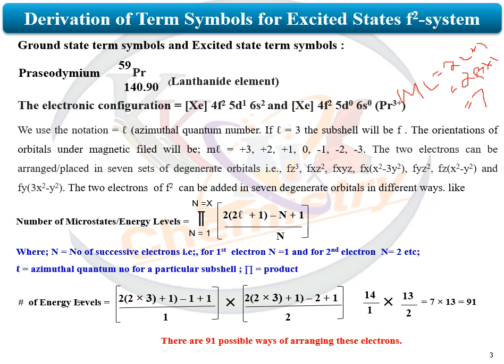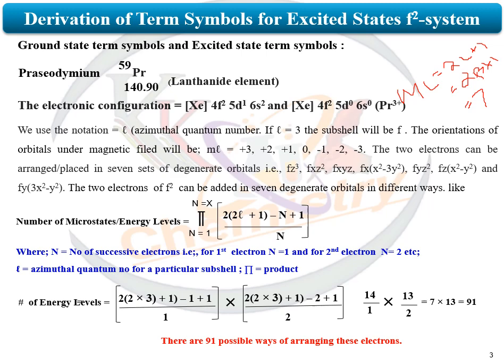It will range from plus 3, plus 2, plus 1, 0, minus 1, minus 2, up to minus 3. So we can place these two electrons in these 7 orbitals.